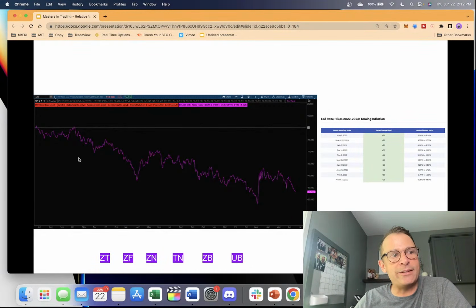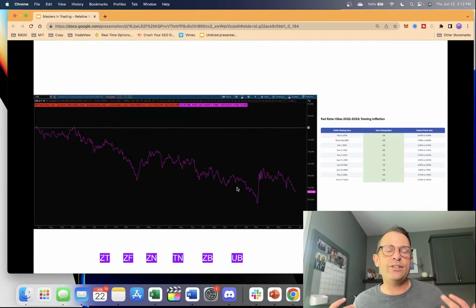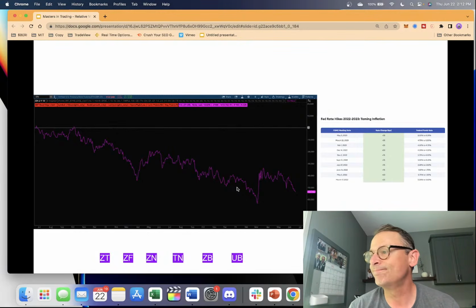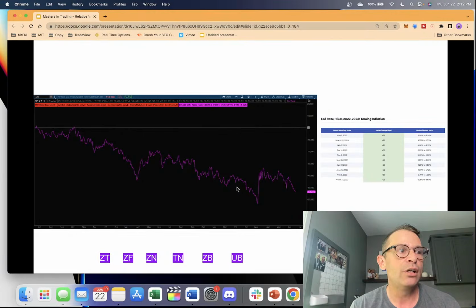But what's interesting about this chart, and this really is what I love about trading, trading to me gets to be very much like golf or even like chess. I equate it to putting a puzzle together, because in front of you, that purple line is ZT all the way out to UB.